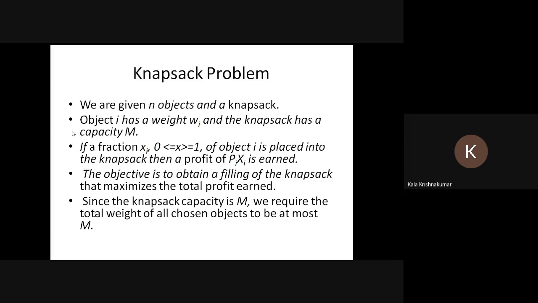Consider a fraction xi, where 0 is less than or equal to xi, which is less than or equal to 1. If a fraction xi of object i is placed into the knapsack, then a profit of pi times xi is earned. Each object has some profit associated with it: for object i, the profit is pi.